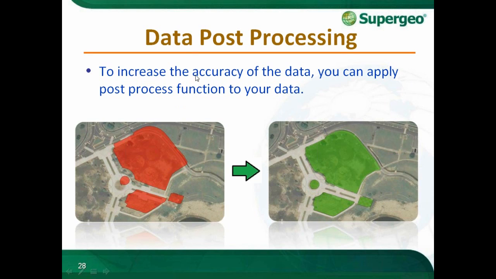Then we can use the data post-processing function of the SuperGIS desktop to increase the data accuracy, and the result could look like this, which is almost exactly the same as reality. So you can use the post-process function in the SuperGIS desktop to help you increase the accuracy of the data, even though your original data is limited by the GPS hardware.